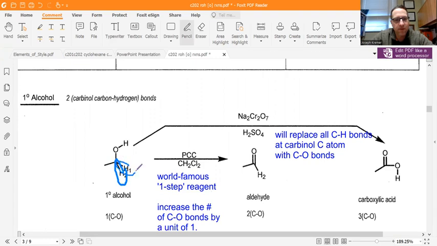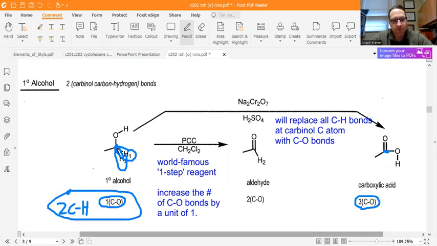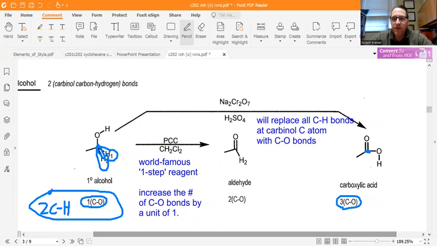They are both going to be replaced. They're both going to be moved away. They're not there anymore. I did have one carbon oxygen bond and two carbon hydrogen bonds. And now if I presto turn the two carbon hydrogen bonds into three carbon oxygen bonds, that's the outcome. That's what sodium dichromate sulfuric acid has a capability to do. It will replace every single one of them, carbon hydrogen bonds with carbon oxygen bonds.